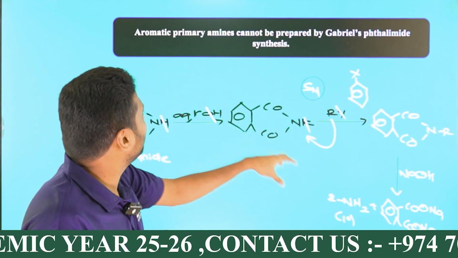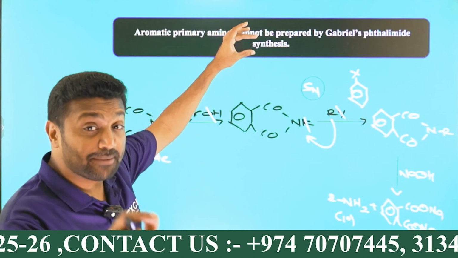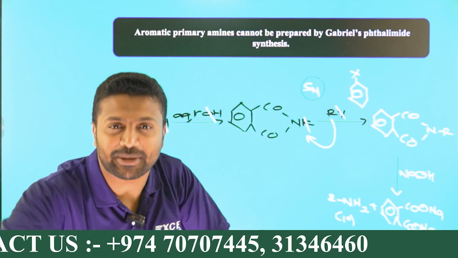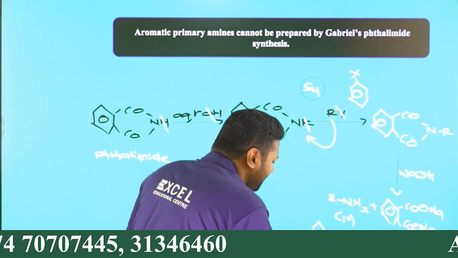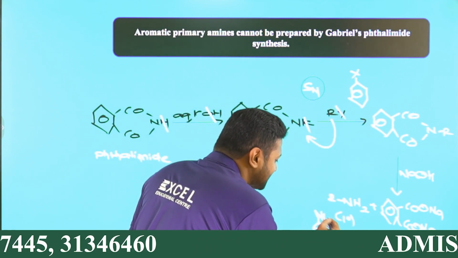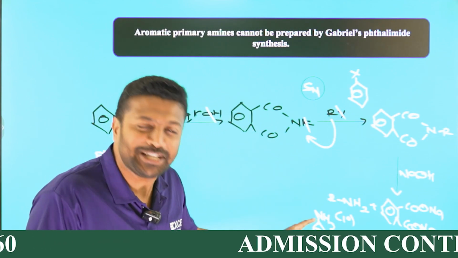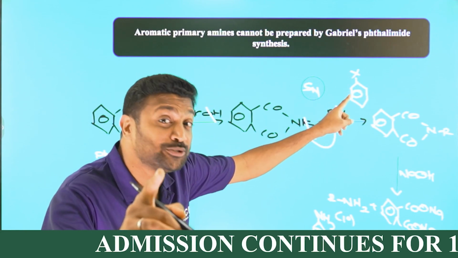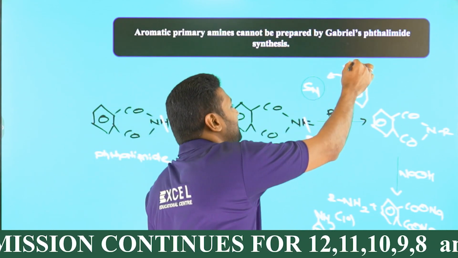If you want to prepare aromatic primary amine, instead of alkyl halide, the chosen halide should be aryl halide, but aryl halide won't undergo this SN reaction.